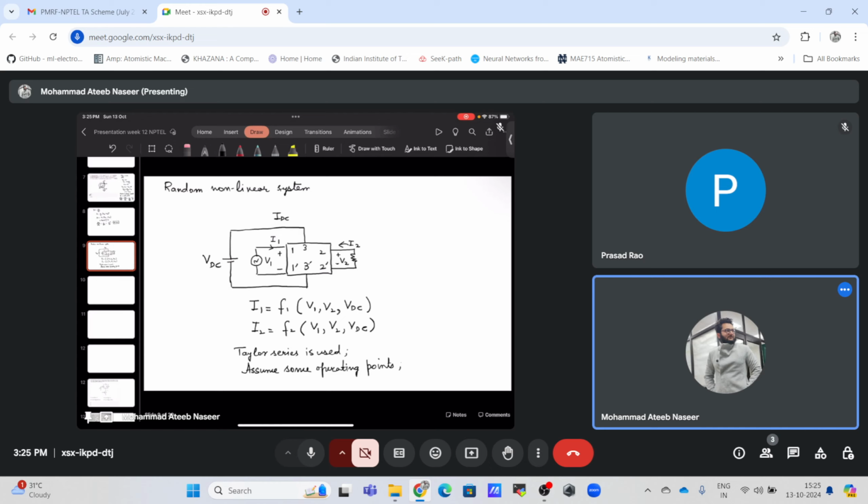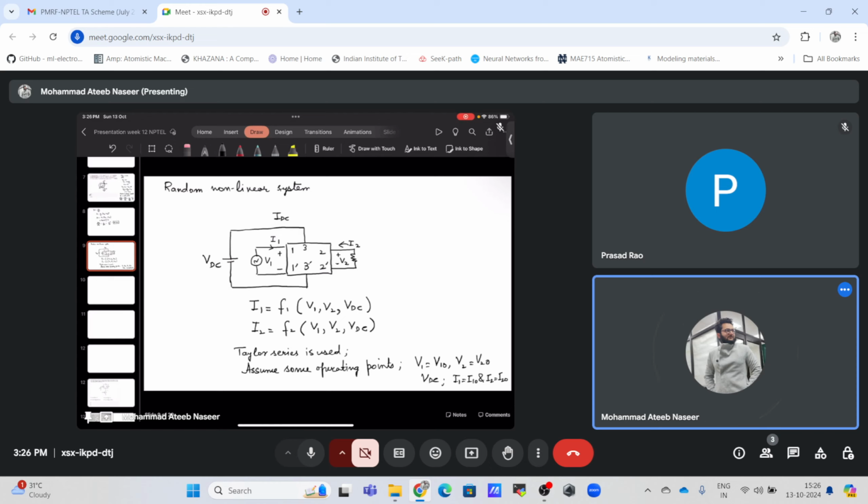we can say that V1 is V1 of 0, and V2 is V2 of 0 at that operating point. And VDC is always constant, because it's a DC supply. As a result, I1 is I1 of 0, and I2 is I2 of 0.